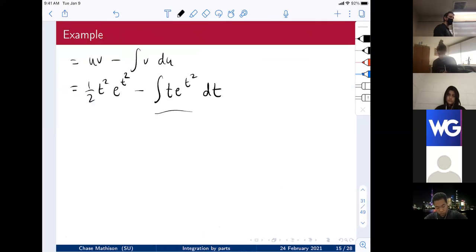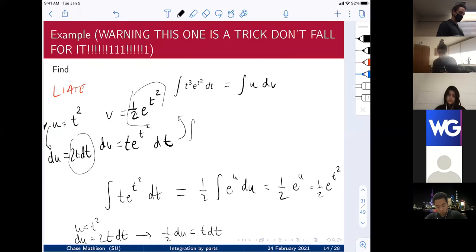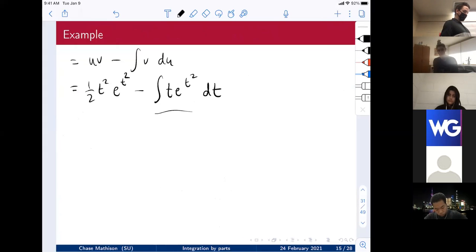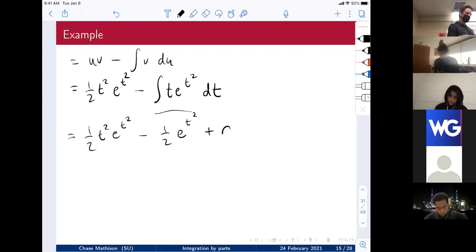And then we just did that integral before, right? We did this integral right here. We know that's 1/2 e to the t squared again. So this is 1/2 t squared e to the t squared minus 1/2 e to the t squared plus some constant.